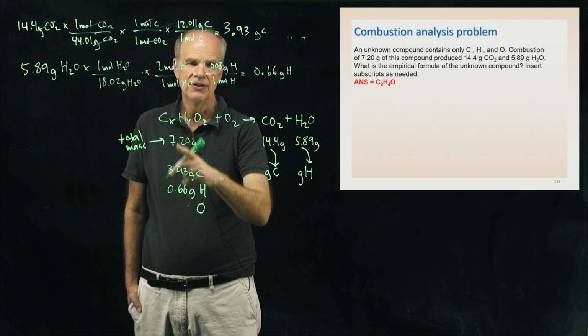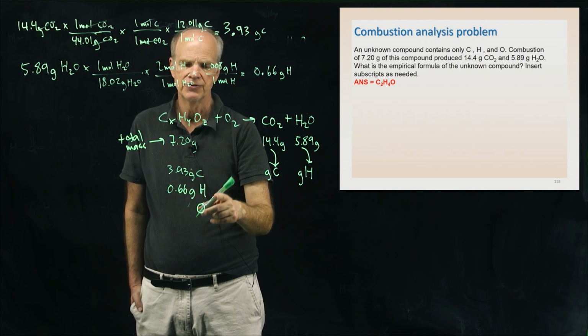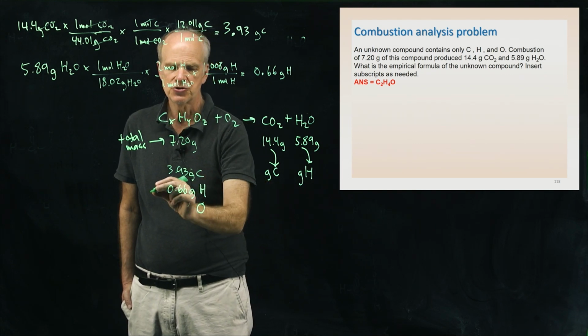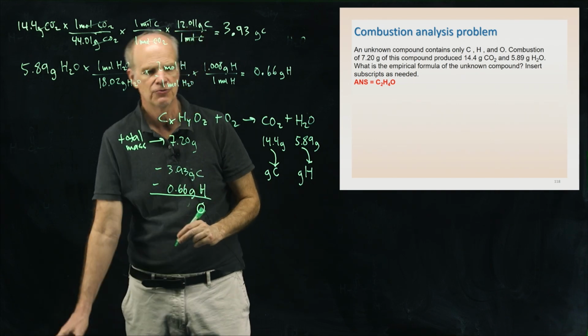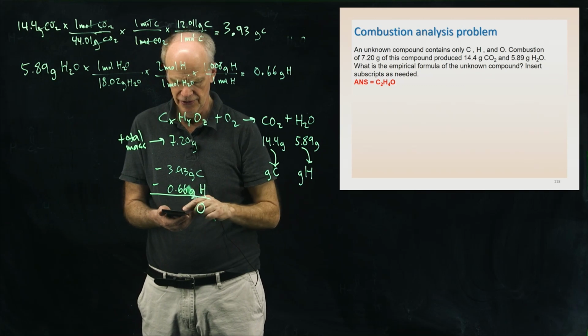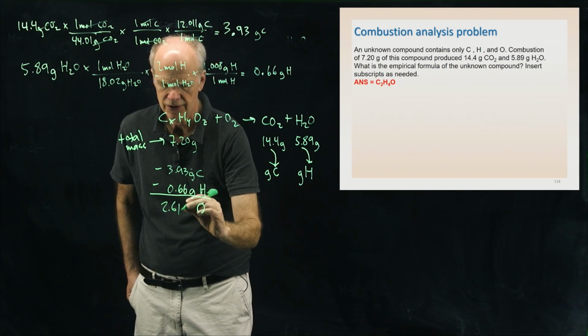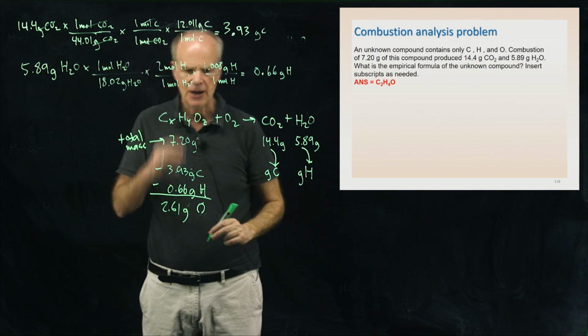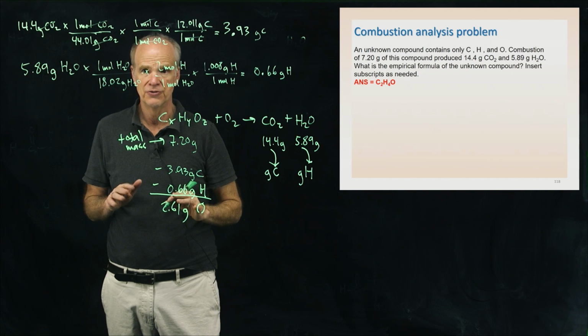We know that of that 7.20 grams, 3.93 grams of it is carbon, 0.66 grams of it is hydrogen. So you can just subtract these 2 values from the total mass to figure out the mass of the oxygen. So let me go ahead and do that. And I get 2.61 grams of oxygen.